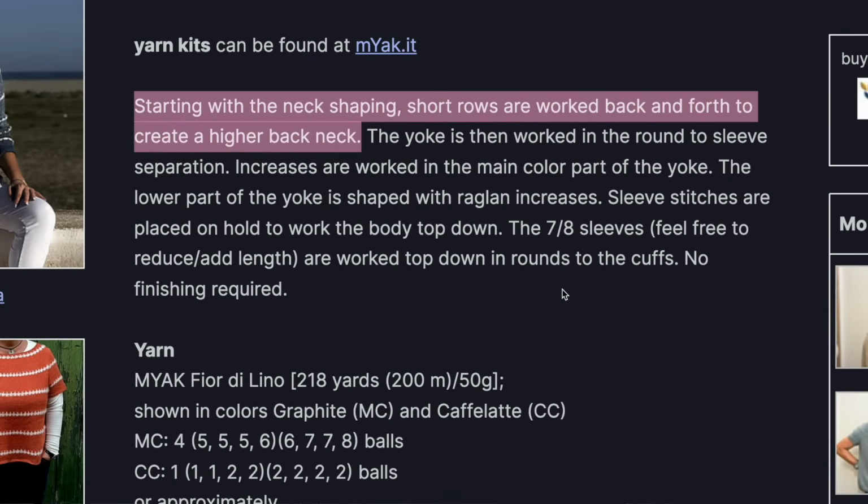That's going to provide you with a little bit of additional length to the back to accommodate a rounded back. You can also add darts here if you need more space in the bust or some additional short rows in the body of the sweater, and that information is linked down below.